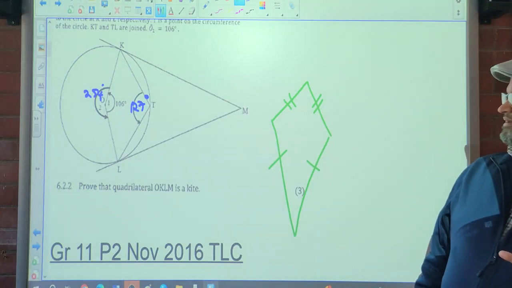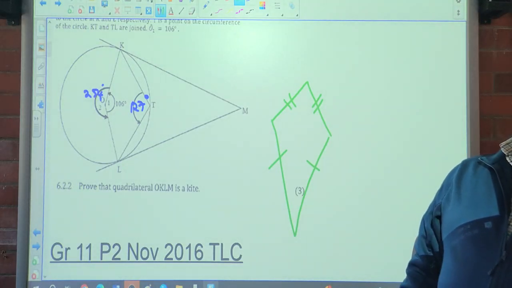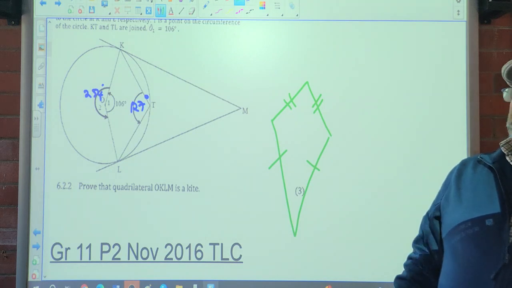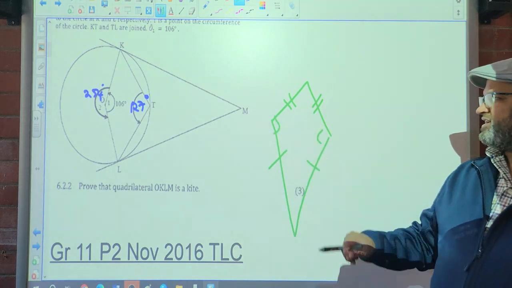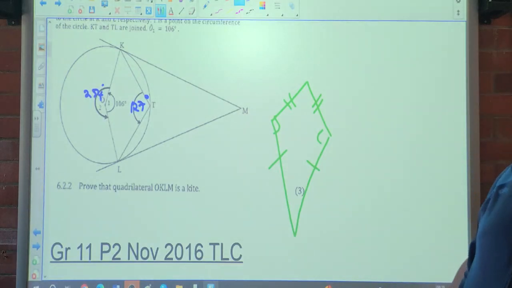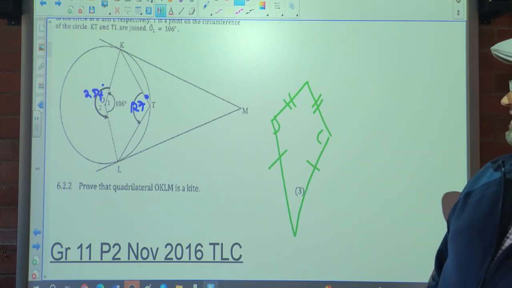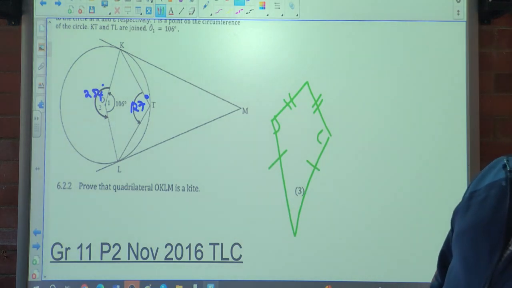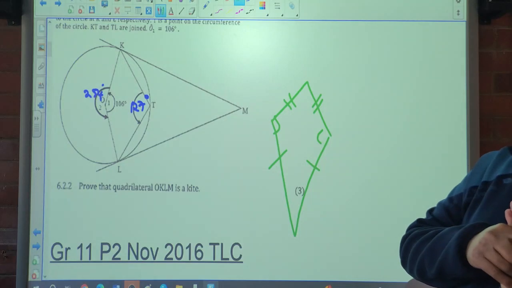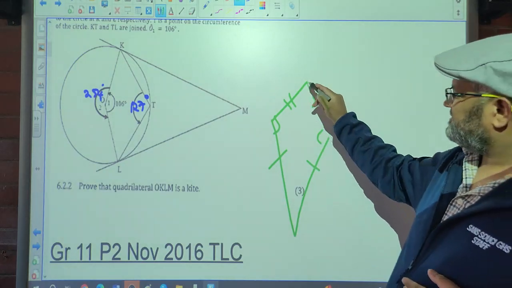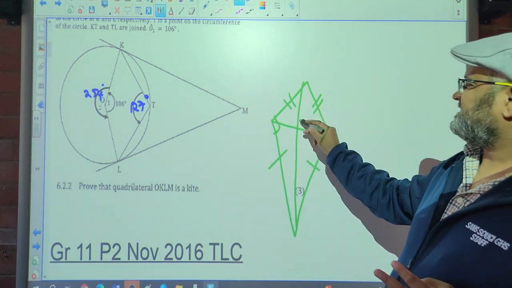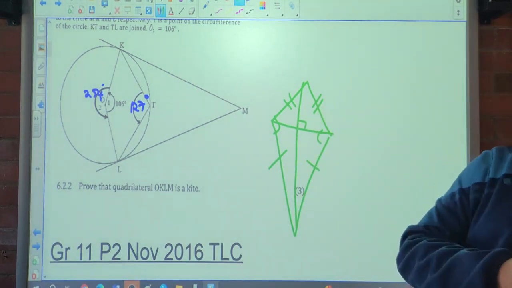Okay? You have another property of a kite? Yes? One pair of opposite angles are equal. Is that in any other, that the least it can be would be a kite again? Another one? The third one? To do with the diagonals. Diagonals bisect at 90 degrees. The diagonals cut each other at 90 degrees.